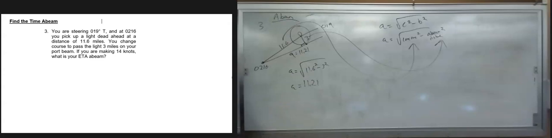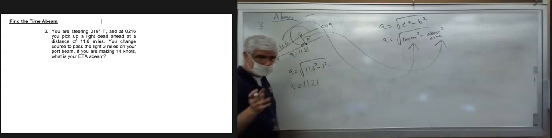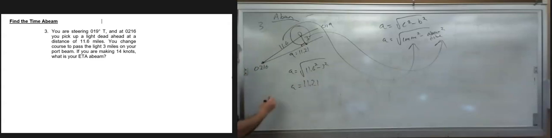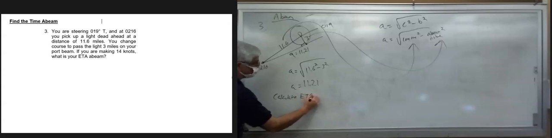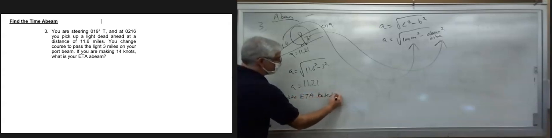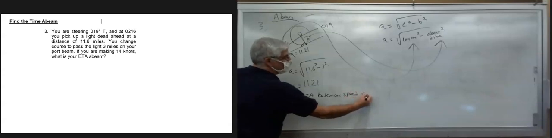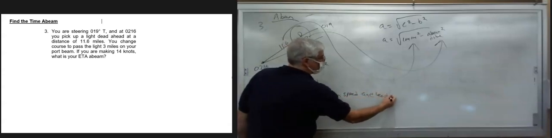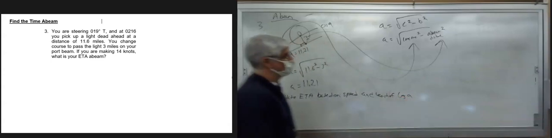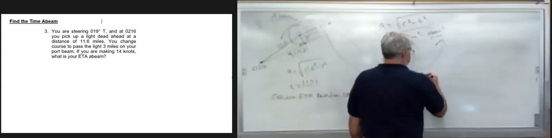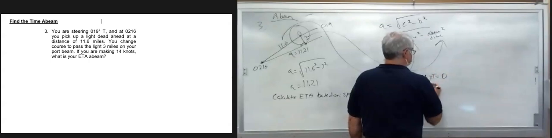I'm doing that at 14 knots. What time is it going to be when I'm abeam? So I do my 60 D street or whatever it is. Now I've got to calculate my ETA based on speed and length of leg A. Rate times time equals distance.